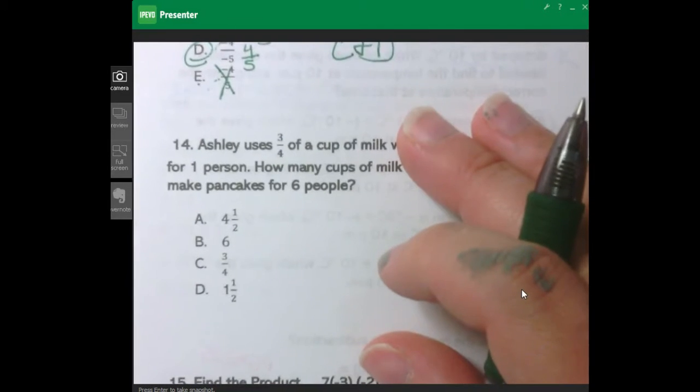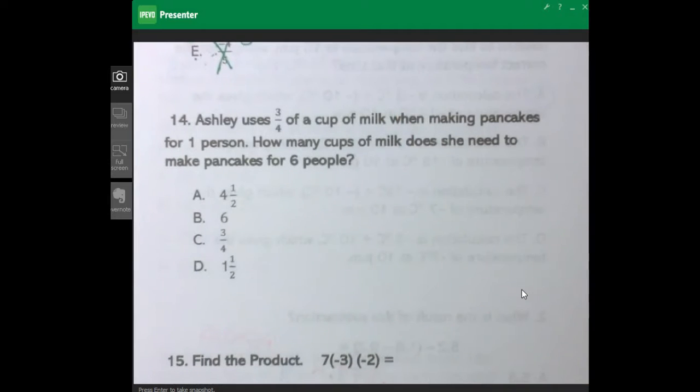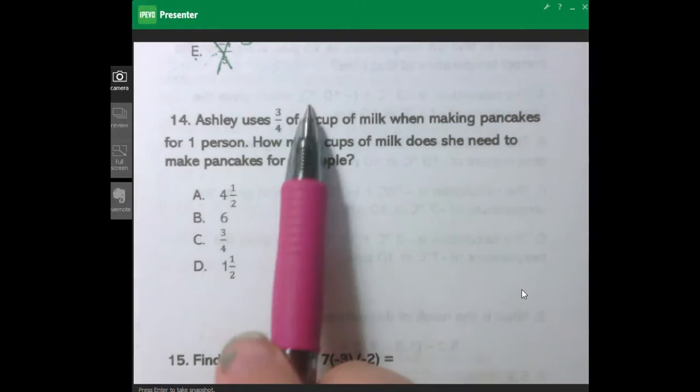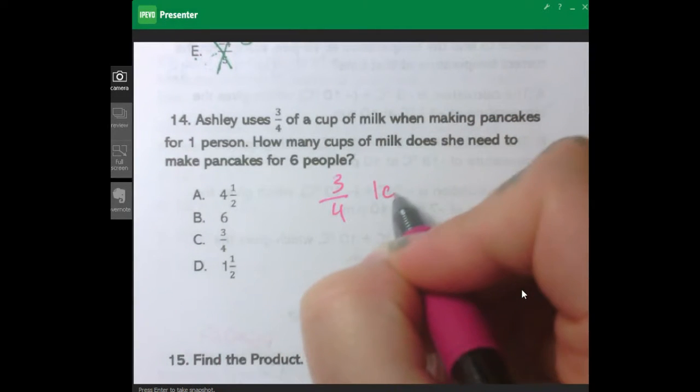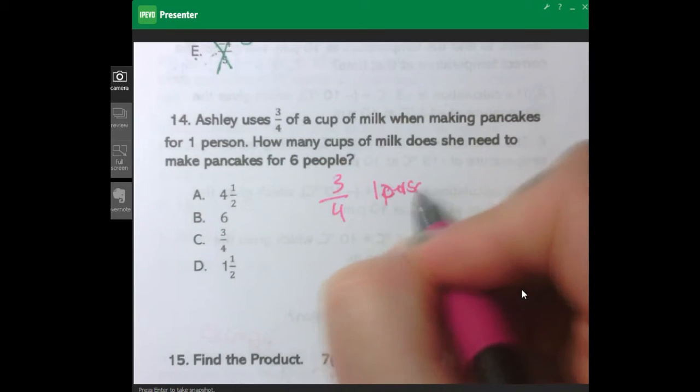Number 14. Ashley uses 3/4 cup of milk when making pancakes for one person. How many cups of milk does she need to make pancakes for 6 people? Well, we know that there's 3/4 cup for one person.